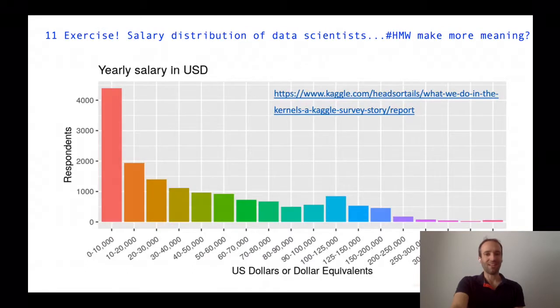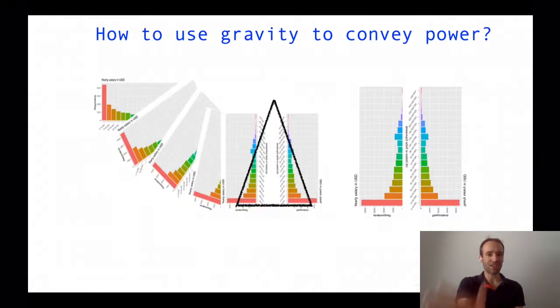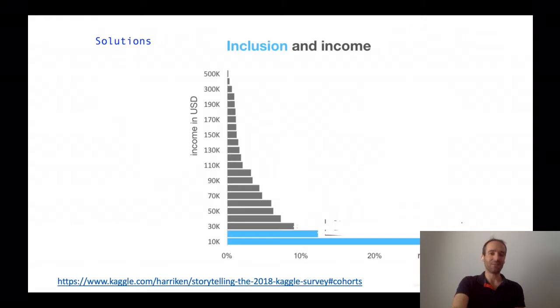And if we turn this chart around like this, and then it looks like a pyramid, right? So we can take advantage of the powerful visual metaphor, which is the pyramid, and convert this chart, this is the same chart, to this one.